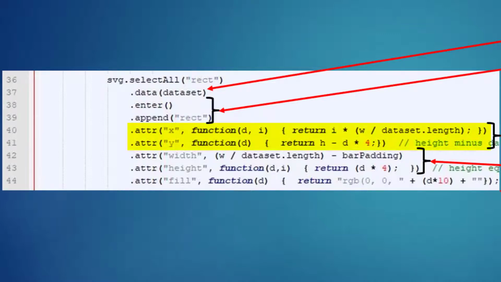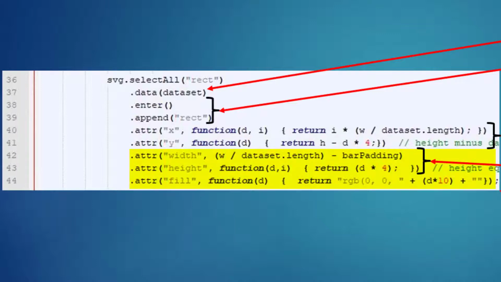The X and Y attributes specify the horizontal and vertical position of the upper left corner of each bar. Since each bar must be to the right of the previous bar, the X attribute is calculated as a function of the index number of each individual datum, rather than its value. Y is a function of the datum value.